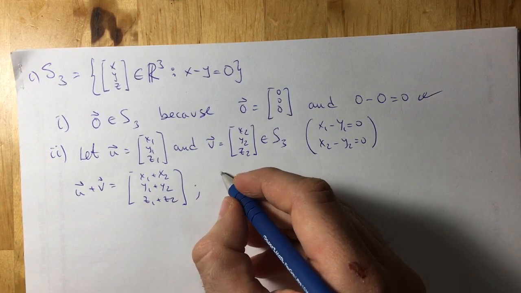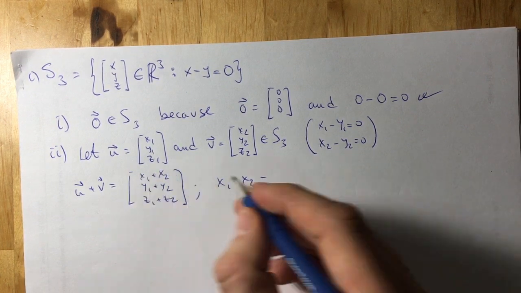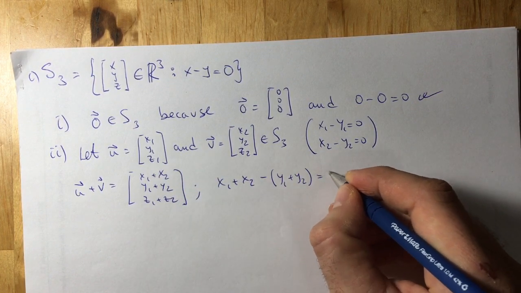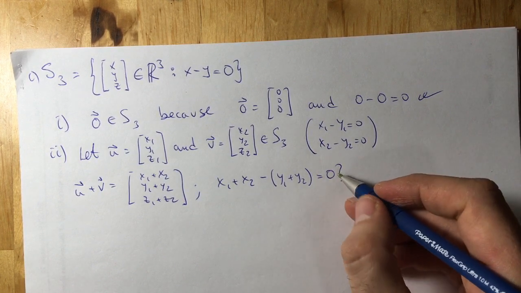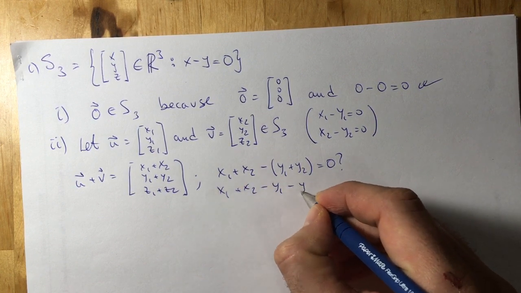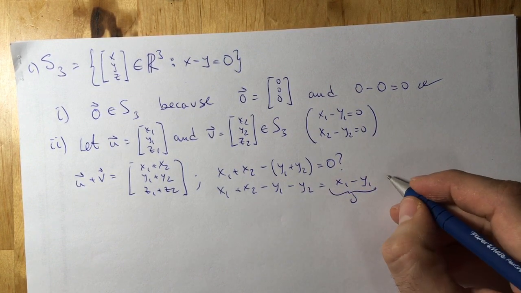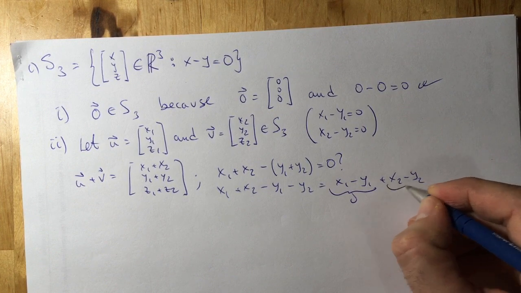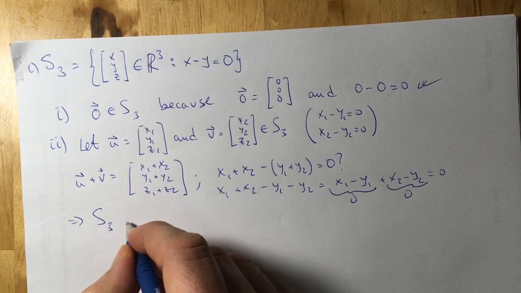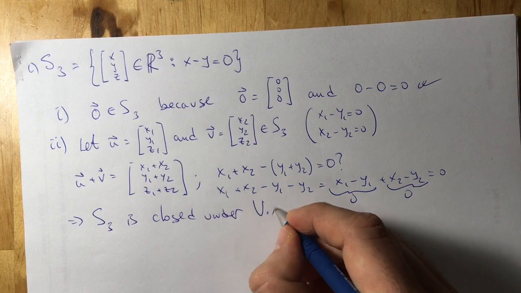And now the question is whether the first entry minus the second entry is 0. And this indeed is 0. Why? Because x1 plus x2 minus y1 minus y2 is equal to x1 minus y1, and this is 0, plus x2 minus y2, and this is 0, so 0 plus 0 indeed is 0, which means S3 is closed under vector addition.